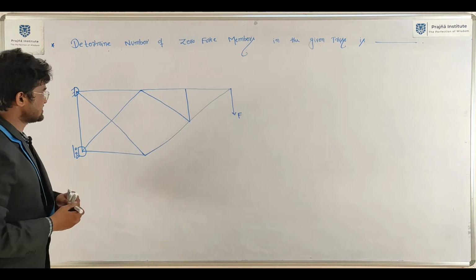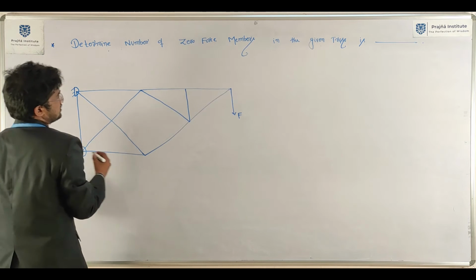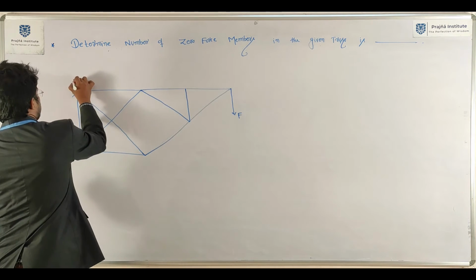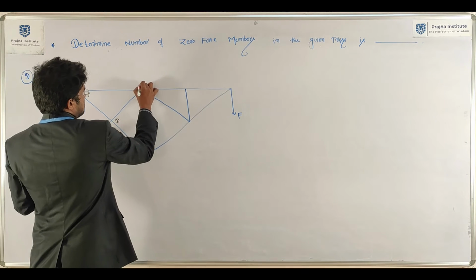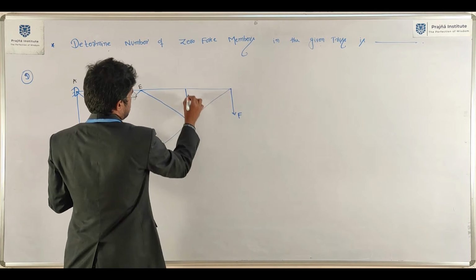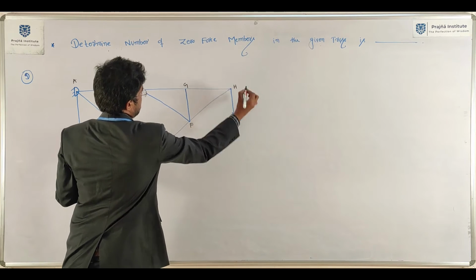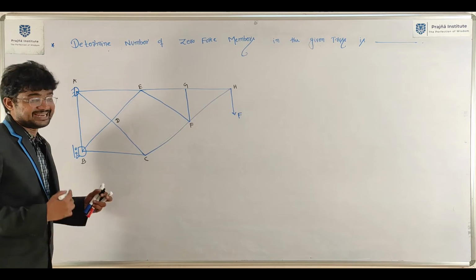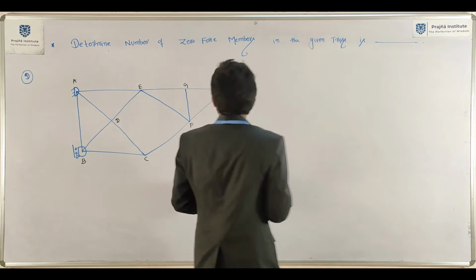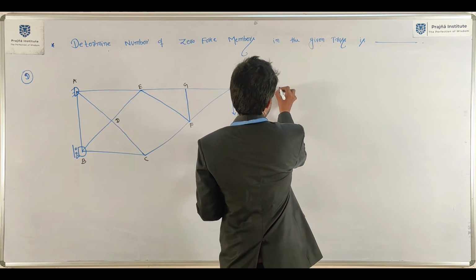This is one of the trusses. Okay, so here just give the labels A, B, C, D, E, F, G, H. Okay, so now we need to determine the number of zero force members here. Okay, draw the same truss again.